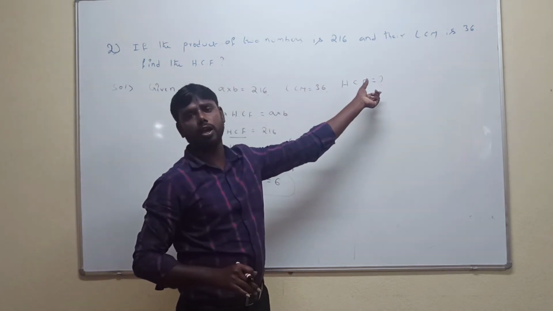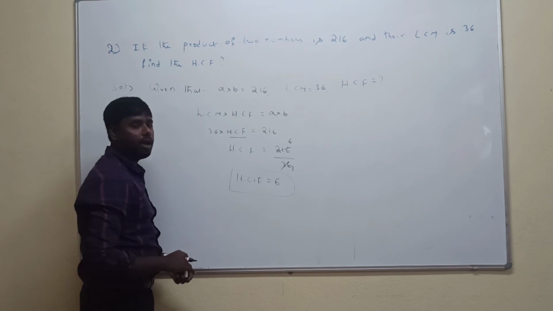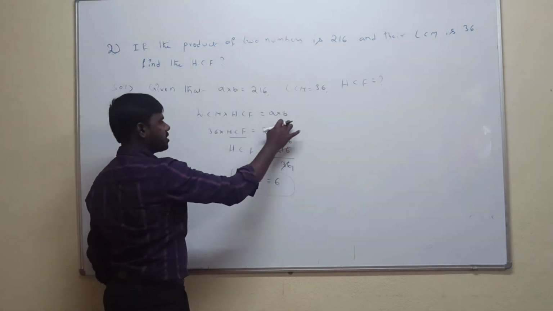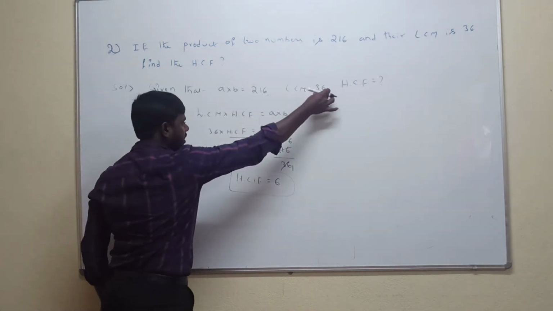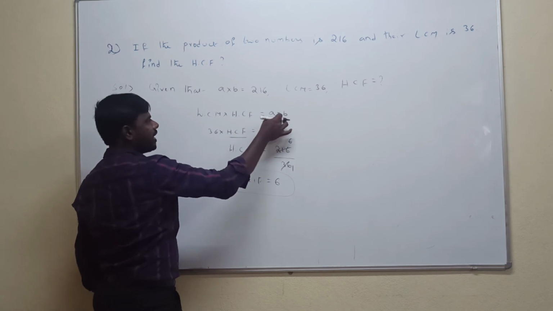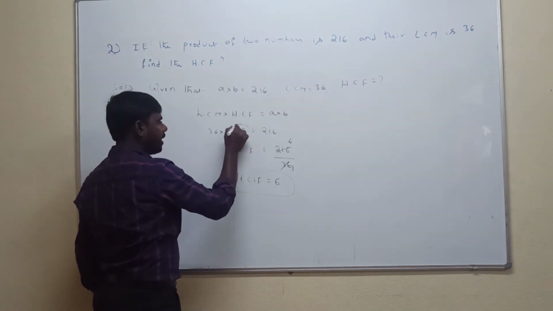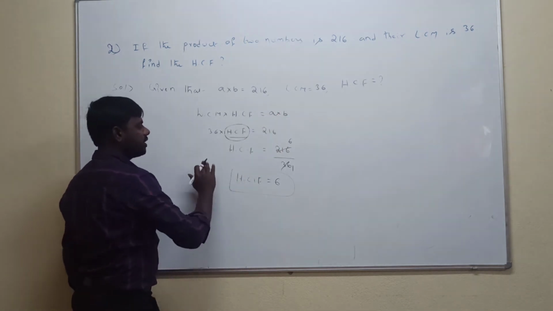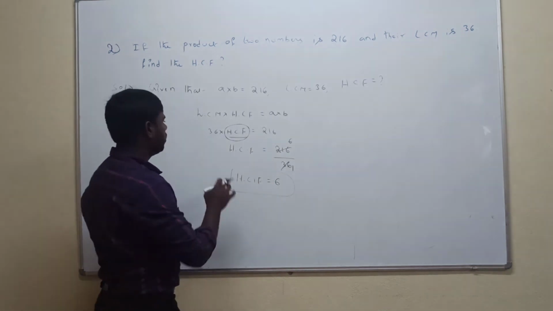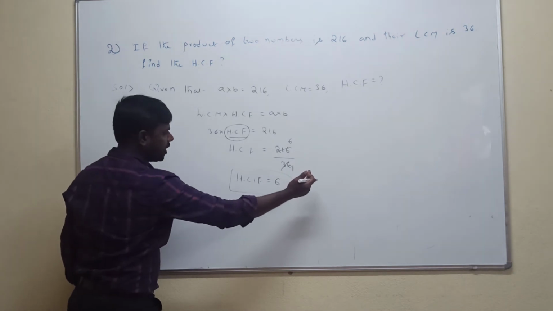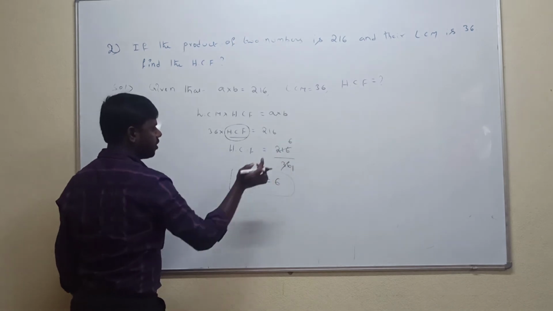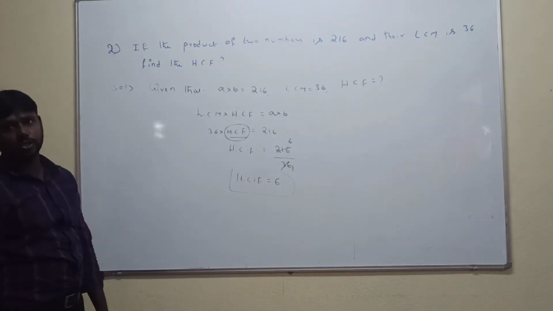To calculate the HCF, the formula is: the product of the LCM and HCF is equal to A cross B. The LCM is 36, the HCF is not given, and A cross B is 216. So 36 goes to the denominator on the right side: 216 divided by 36. The HCF value is 6. Everyone understood? It is clear.